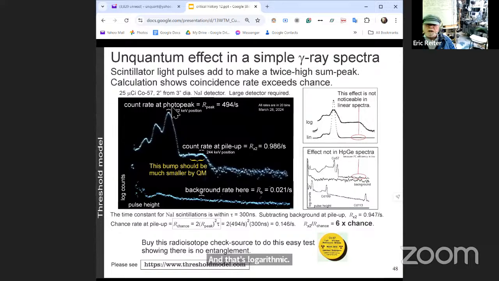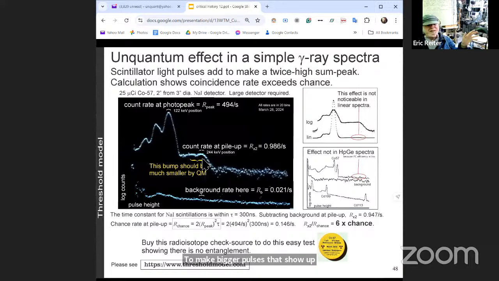You count the rate. Here I counted 20 bins. How many happen per second in the photo peak? The pulses superimpose with flashes of light to make light flashes that are twice as big, to make bigger pulses that show up here.